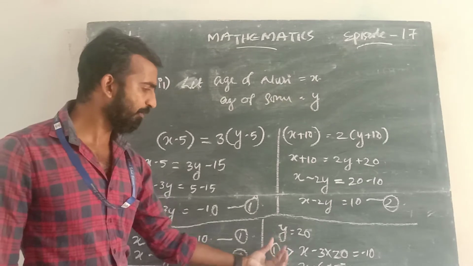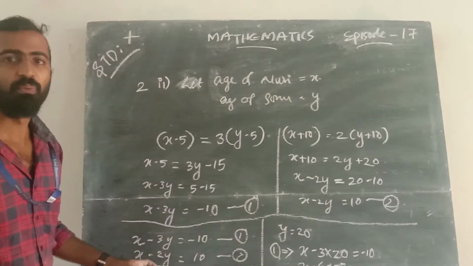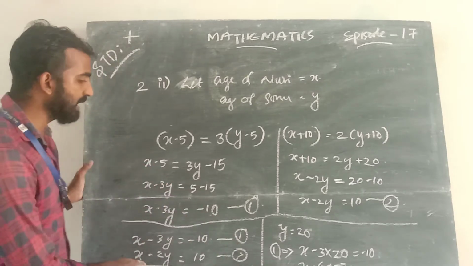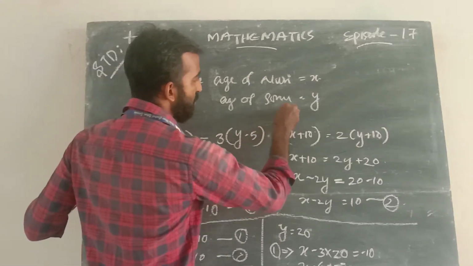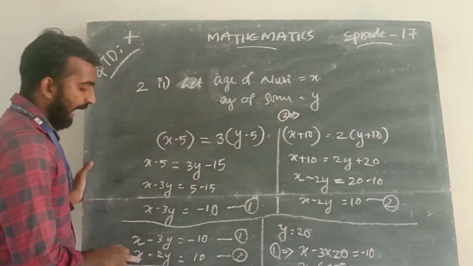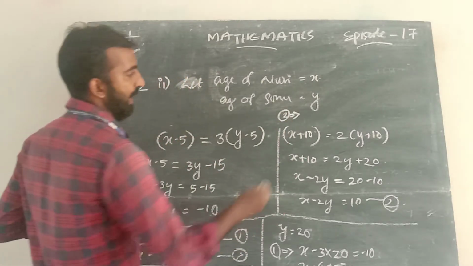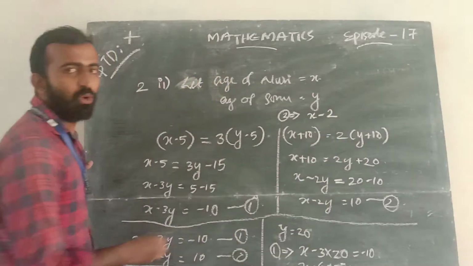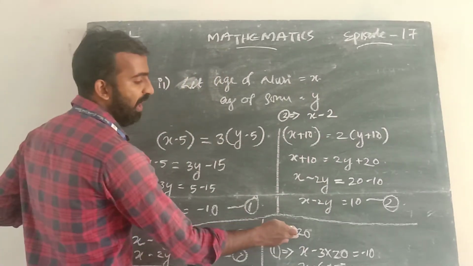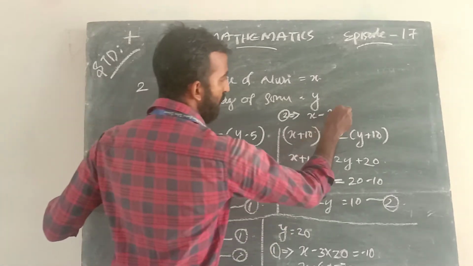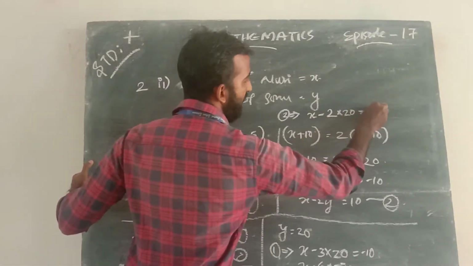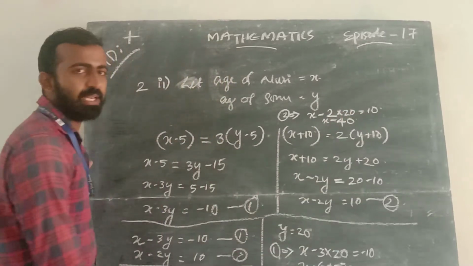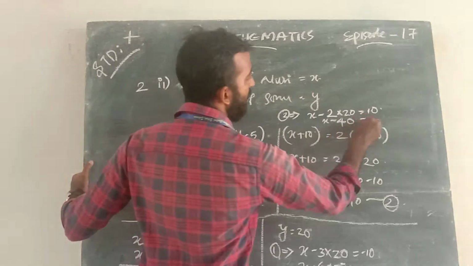When we put the value of y in equation number 2, we also get the same answer. We can check. Equation number 2 is x minus 2y equal to 10. The value of y is 20, so x minus 2 into 20, we get 40, equal to 10.